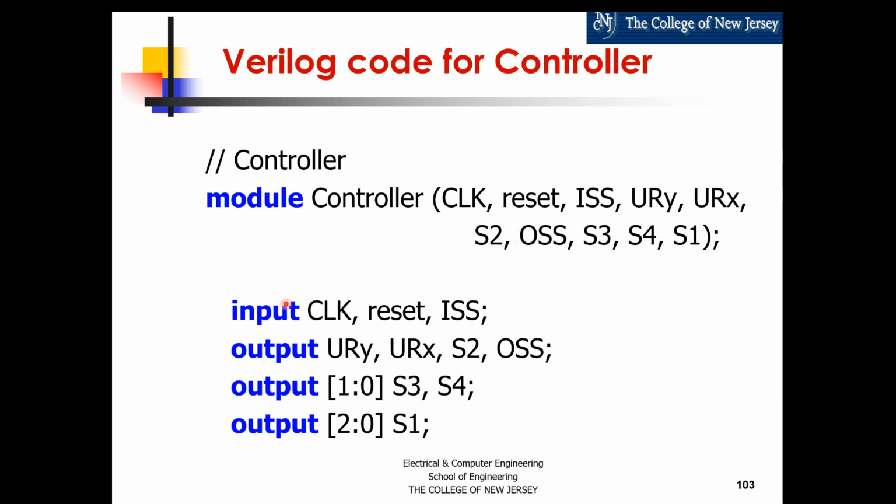So we know that these are the three 1-bit inputs, and we have some 1-bit outputs, and we have the same width as the data path because they're going to connect together. So I have my ports.